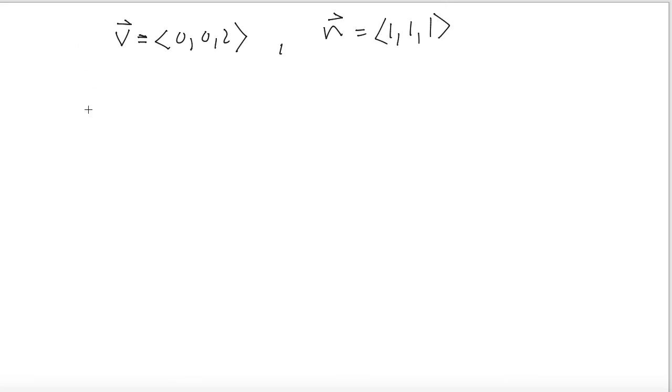Then we have to find our v dot dS, but let's just calculate v dot n, because we'll need to put the dx dy over there later. So let's dot those together: 0, 0, 2 dotted with 1, 1, 1, and that's going to give us 2.